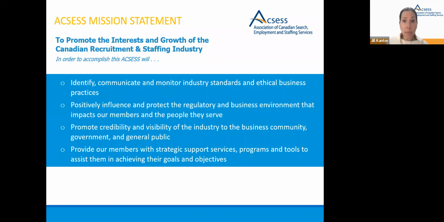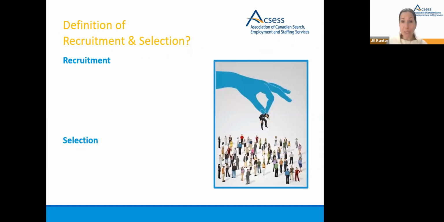So let's hop into things and simply ask the question: how do we define recruitment, and how do we define selection? Sometimes people say, well, in our recruiting industry, I don't really use the terminology selection per se. We use recruitment.